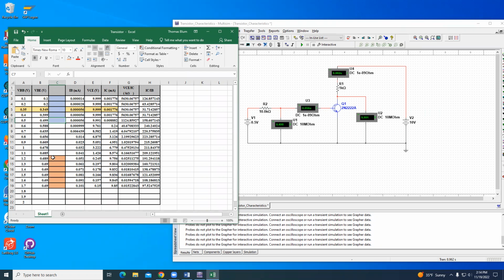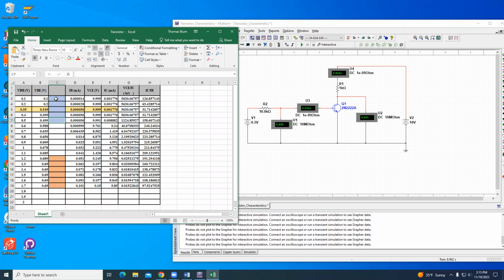And then we have this region down here where the voltage sticks at 0.69. So we can think of the base-emitter part of the transistor as a diode, and we need a bit of voltage to get that diode flowing. But once it does, it has a set voltage across it, and any other voltage would be across this resistor.